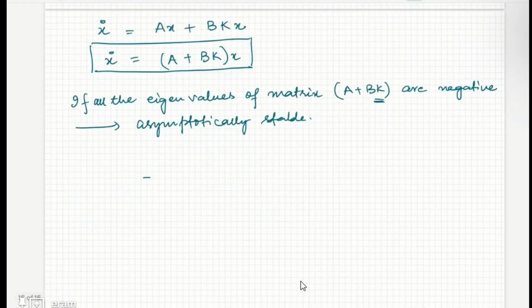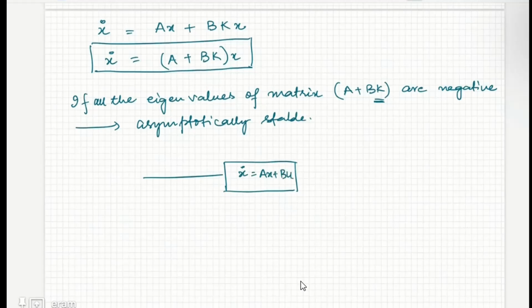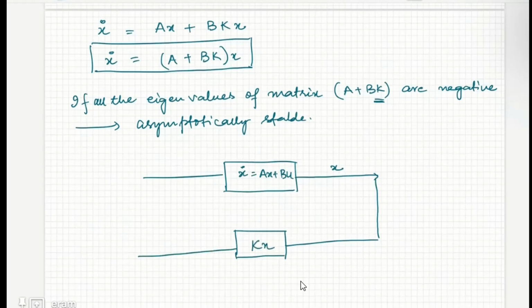So how does the structure look like? We have system x dot equals Ax plus Bu, and suppose we are able to generate all the states x, then based on that we have to design the controller Kx such that when it is fed to the system, it stabilizes all the states x to the origin.